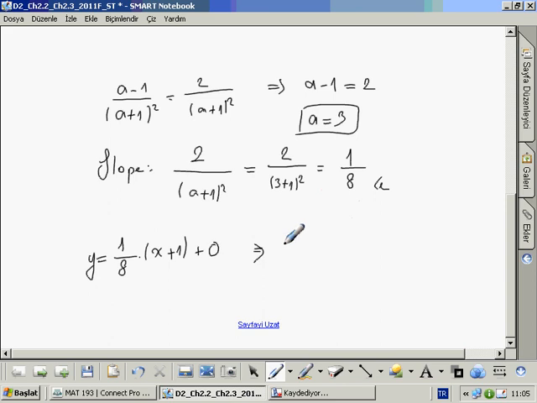Simplifying it, x minus 8y plus 1 equals 0, our tangent line equation.